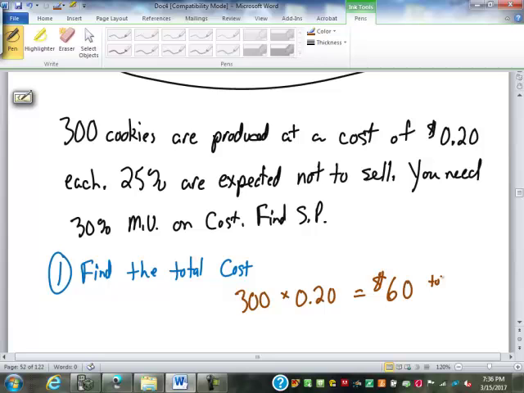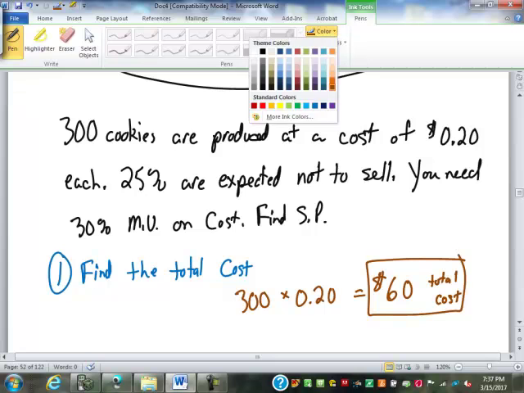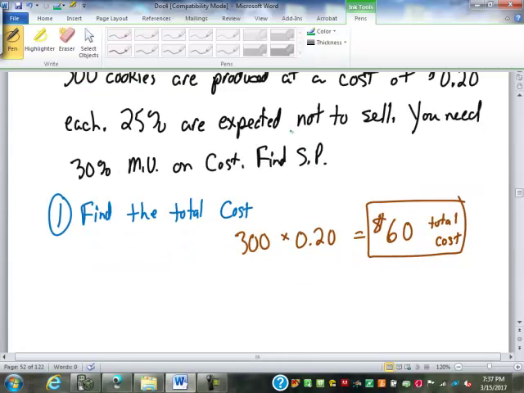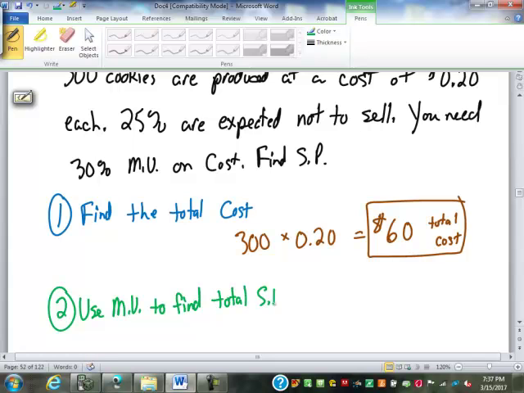That's a $60 total cost. Step 2 is we're going to use that markup concept to find the total selling price.